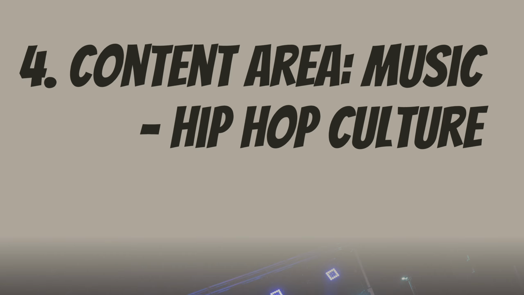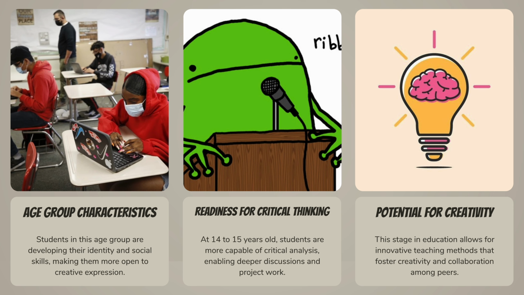Okay, so I'm gonna focus on third of ESO, on the characteristics of this group age. They are developing their identity and social skills. They are more open to creative expression. And so I thought hip hop music would be perfect because it's a way to freely express yourself and has been historically used to vindicate social rights and movements, which is something that is very relevant to students of this age.